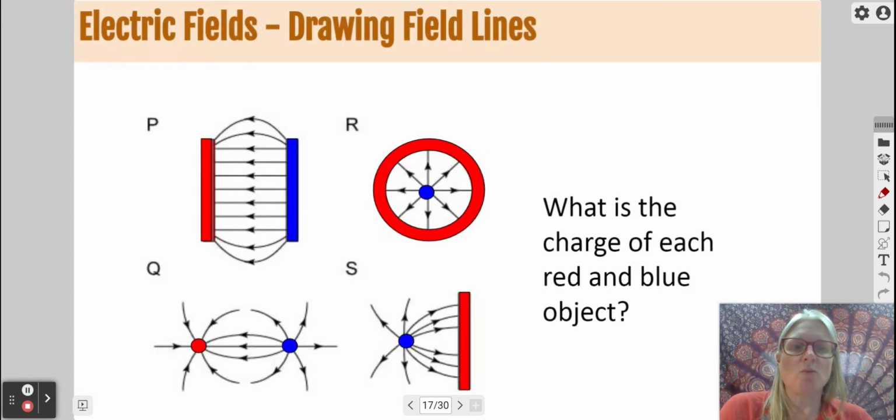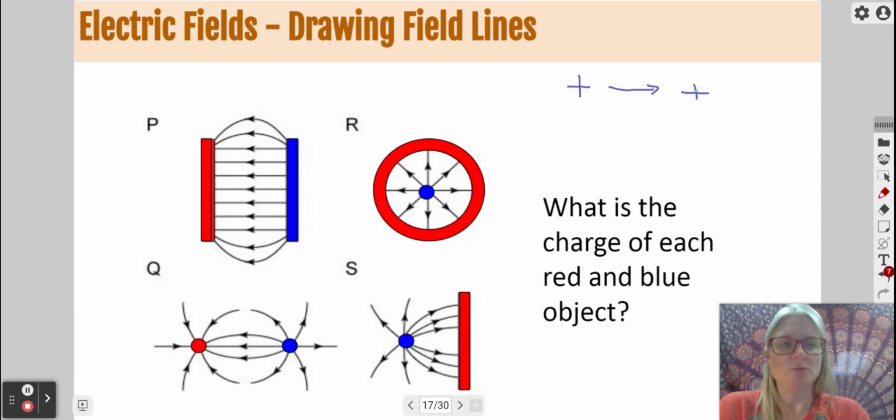All right, so what is the charge of each of the red and blue objects? By looking at these different electric fields, we should be able to say which side, the red or the blue, is positive and which is negative. Knowing what we just said, we're always drawing our field lines from positive to negative.